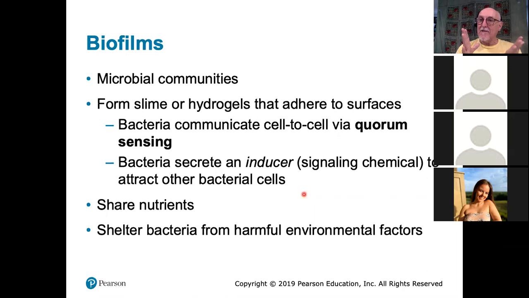There's one thing that we haven't talked about, and that is that they also have to interact with one another. Bacteria of the same species must interact with one another, and bacteria of different species must interact with one another as well.